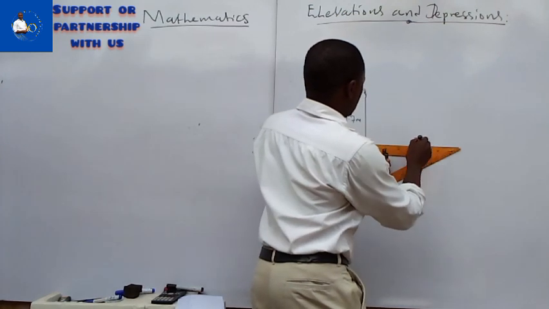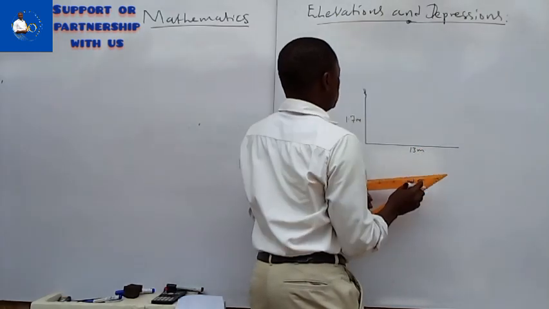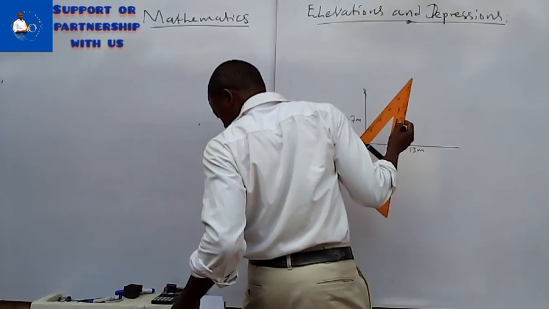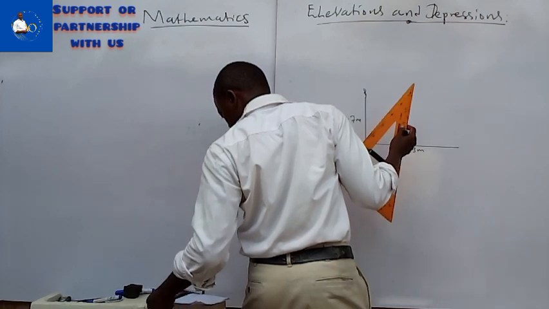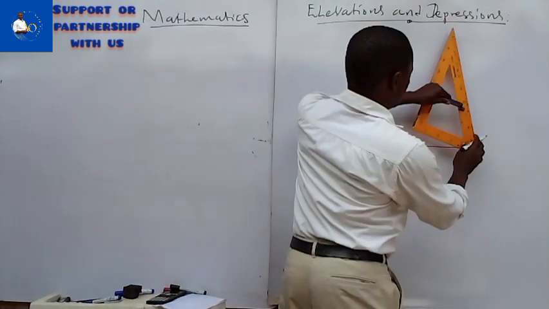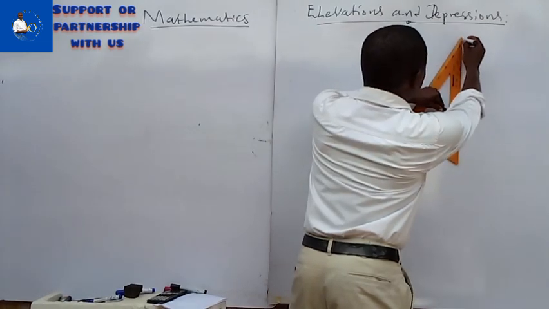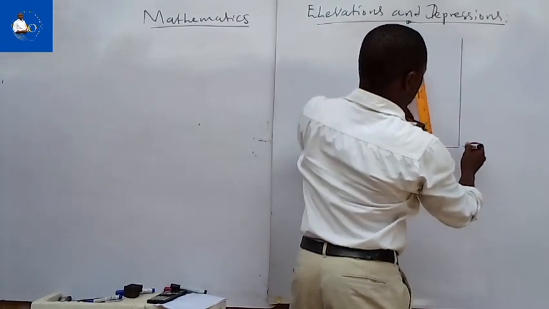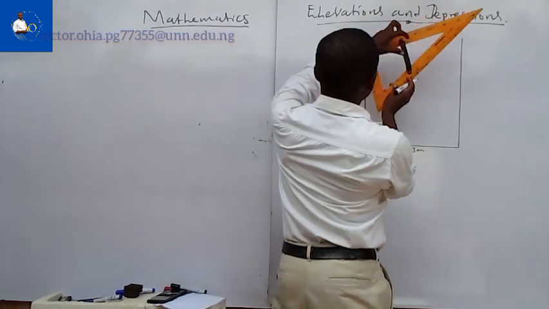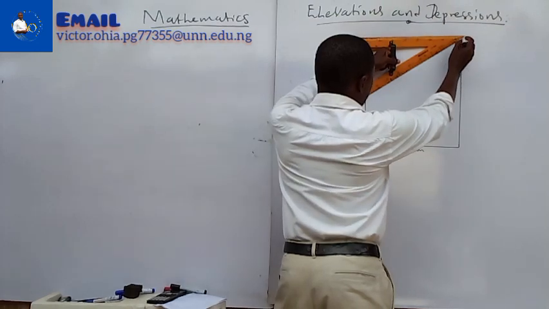This is 13 meters away from that vertical pole. So we can now put up that vertical pole, the pole that the man is looking at, the top of the pole.